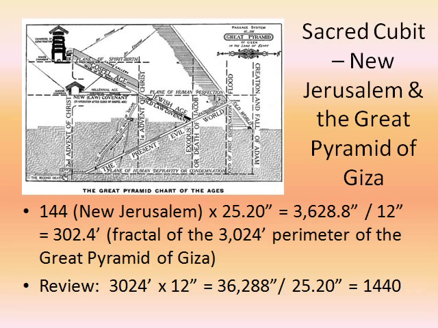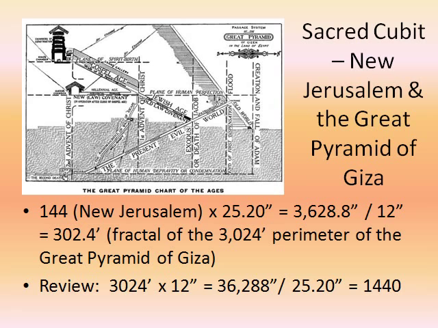144, the number of the New Jerusalem, times 25.20 inches is equal to 3,628.8 inches, divided by 12 will equal 302.4 feet, a fractal of the 3,024-foot perimeter of the Great Pyramid of Giza.